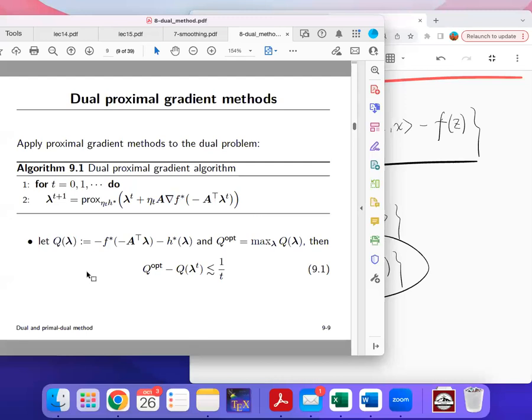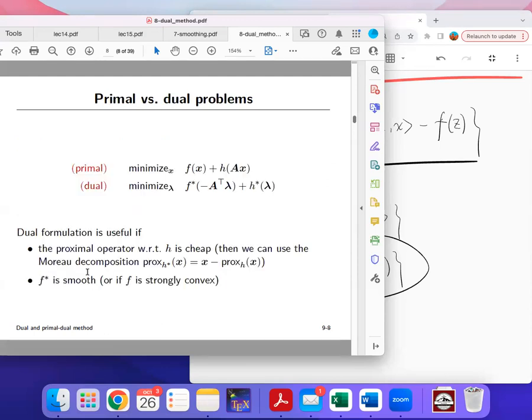We'll talk about this part later, but this is the abstract high-level idea of developing these methods. In optimization, we will see this is an essential idea. Sometimes the primal problem is very complicated, so we can consider a dual formulation.